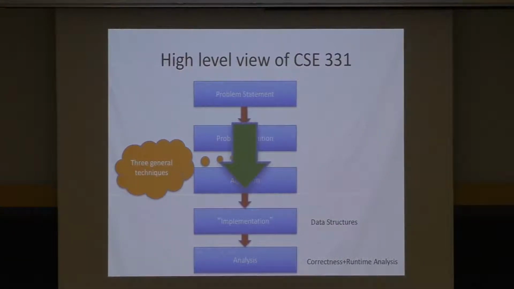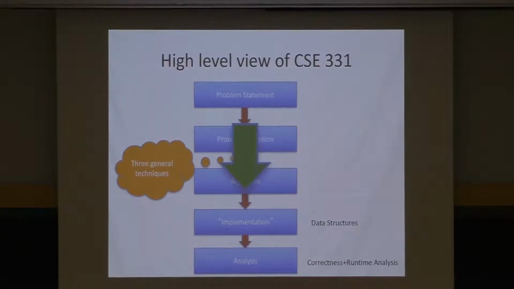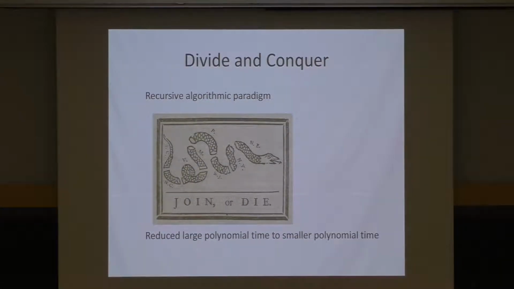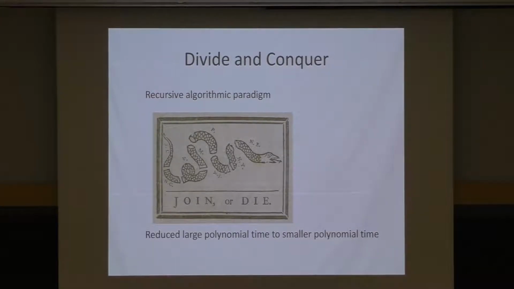And in this course, we covered 3 general techniques, of which 2 are done now. So we looked at greedy algorithms. And typically, in the examples that we saw, the naive algorithms were exponential time and greedy reduced it down to polynomial, sometimes linear or n log n. And in divide and conquer, the examples that we have seen typically reduce a larger polynomial runtime to a smaller polynomial runtime.